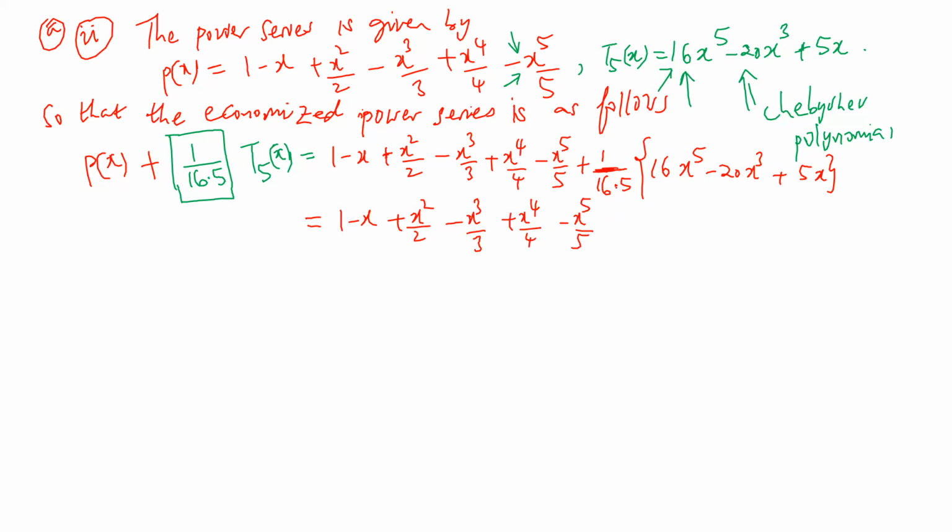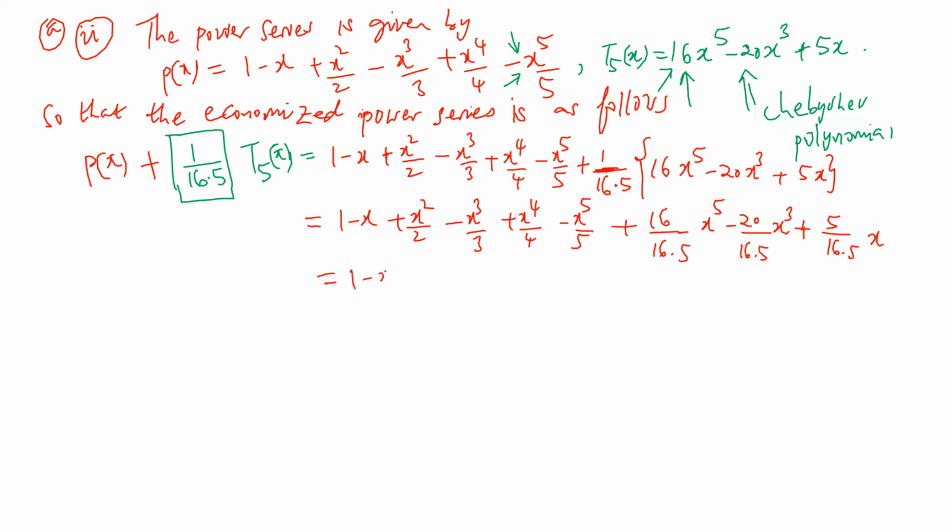And now we're going to multiply by 1 over 16 by 5. Why 1 over 16 by 5? We want to remove this 16 in front of the x to the power 5 of the T sub 5. Simultaneously, we want to multiply x to the 5th power by 1/5. So you have 16 by 5 x to the 5th power minus 20 divided by 16 by 5, x cubed plus 5 divided by 16 by 5, x.